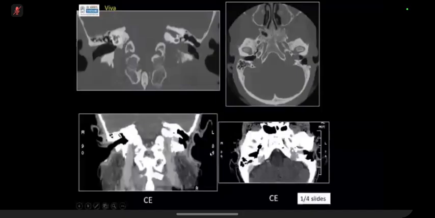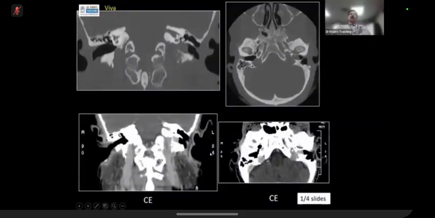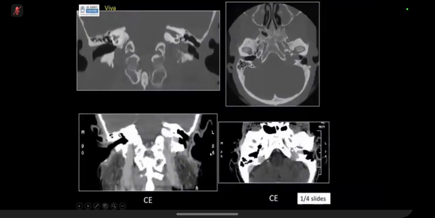So with regards to this location and the irregularity seen here, my first differential will be glomus jugulare tumor. So what is the glomus jugulare? It's a type of paraganglioma, quite similar to glomus tympanicum or pheochromocytoma.